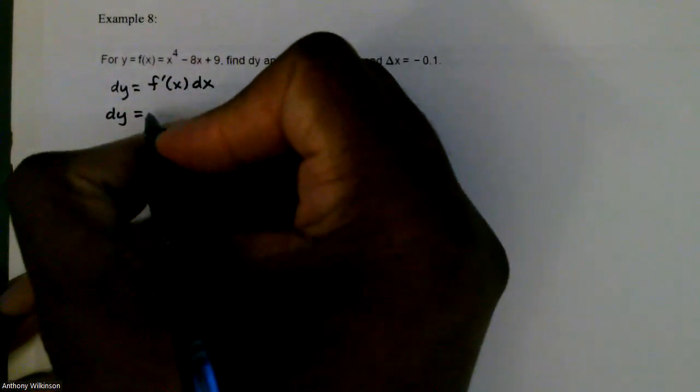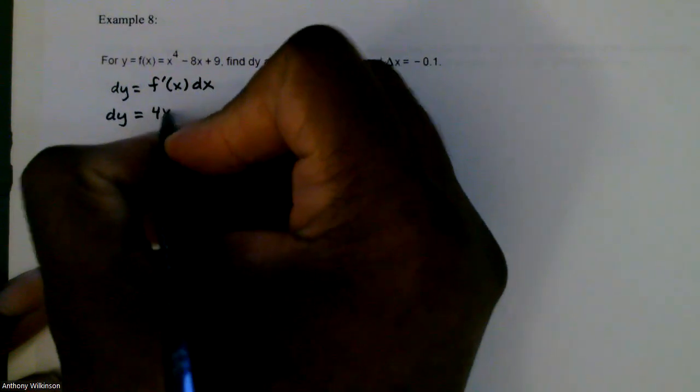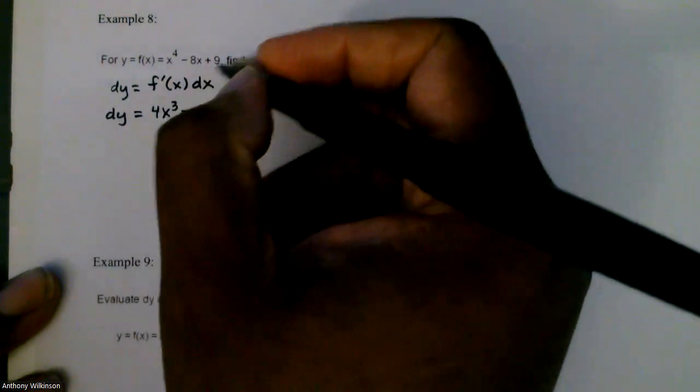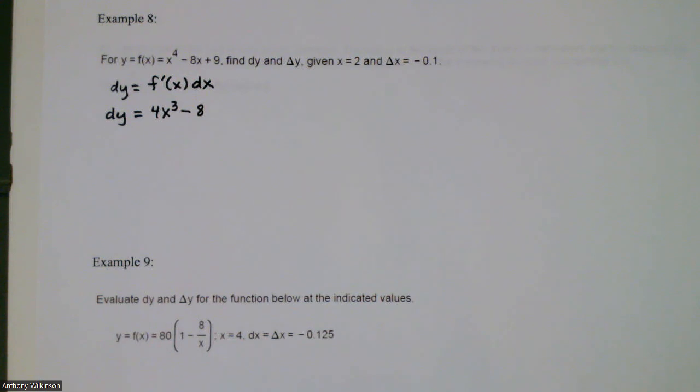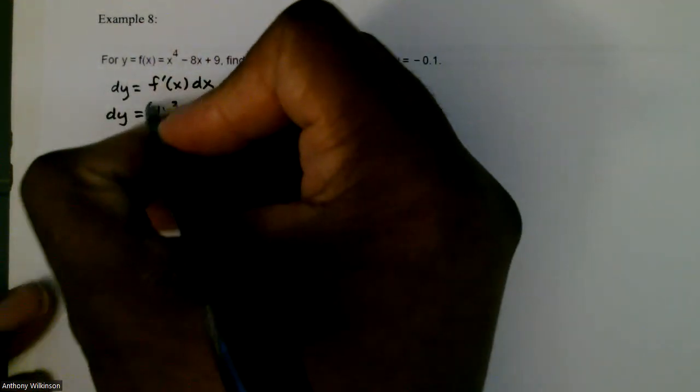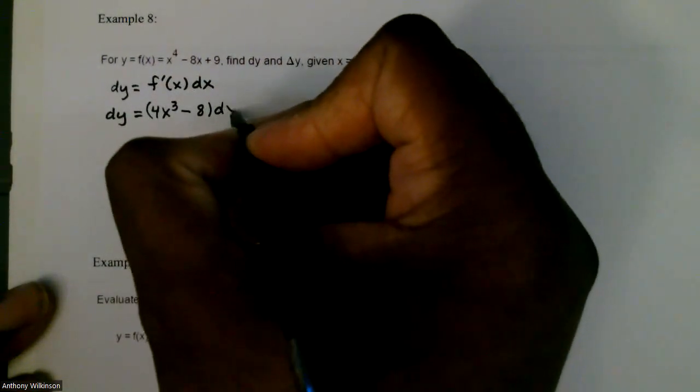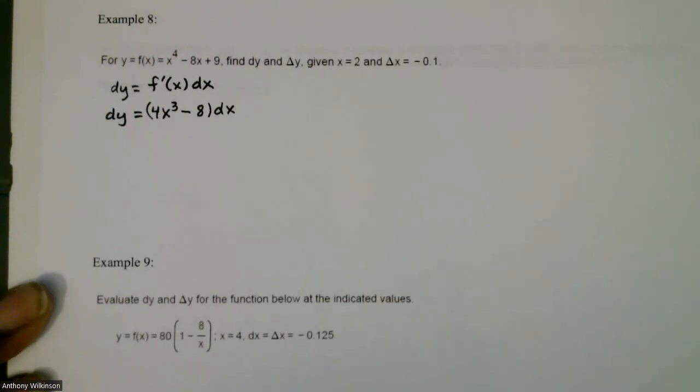For x to the fourth, we bring the exponent of 4 down, copy the x over to the 1 less power, so it'll be 4x cubed, minus, for the derivative of 8x, that would end up being 8. The derivative of 9, like the derivative of a constant, is 0. And this will be in parentheses, I'll include dx.